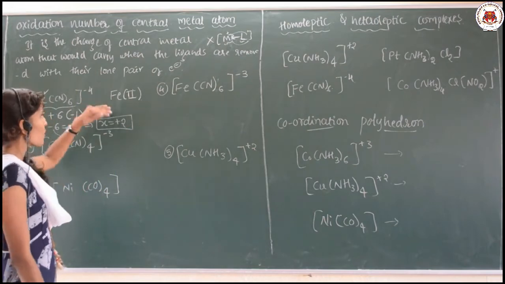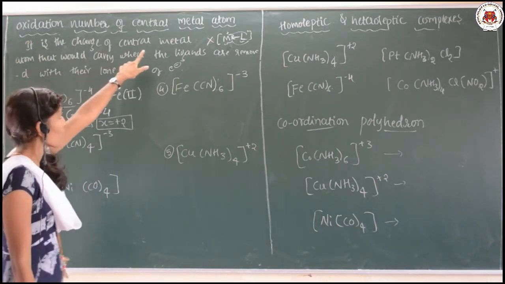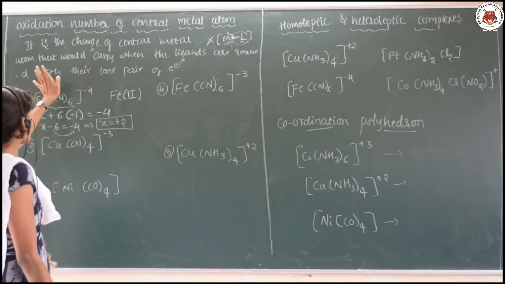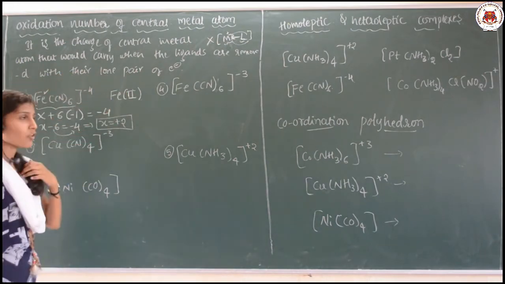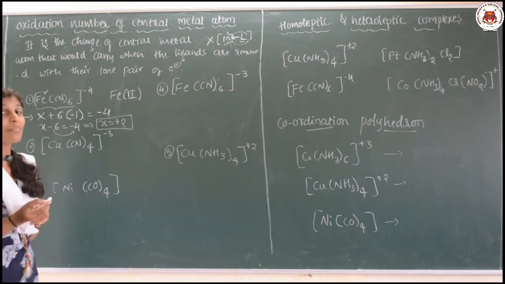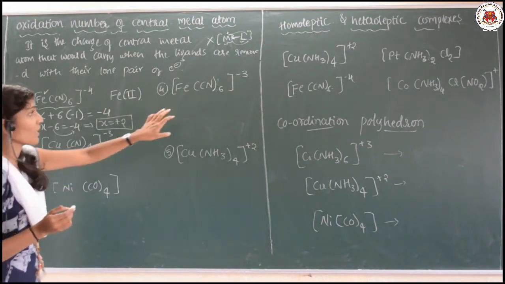Clear? So simple. What is oxidation number? It is the charge of the central metal atom that it would carry when the ligands are removed along with their lone pair of electrons. And one more thing, you need to know the oxidation numbers of these ligands.